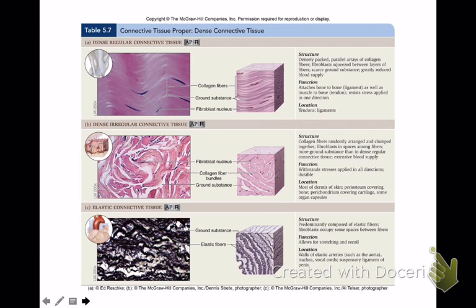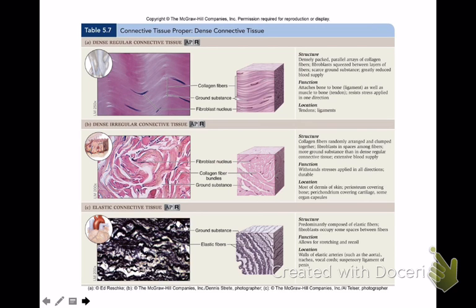Okay. What about our elastic tissues? Some books don't make a distinction. Yours doesn't make a distinction between regular and irregular. I'm going to ask you to make that distinction because we see it in different locations of the body. So in your vocal cords, what you got? The lining or the interior of the vocal cord is a dense connective tissue. Do I always stretch them in the same direction, my vocal cords? Like a guitar string, yeah. Okay? Put it under the same tension in one direction only.